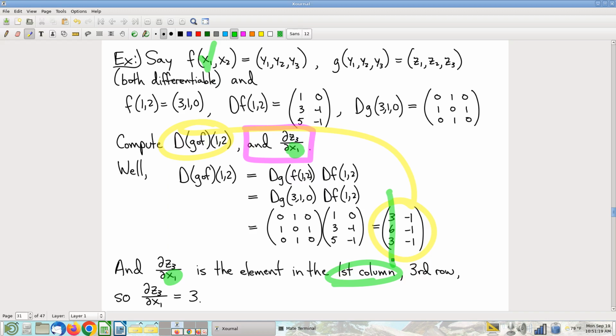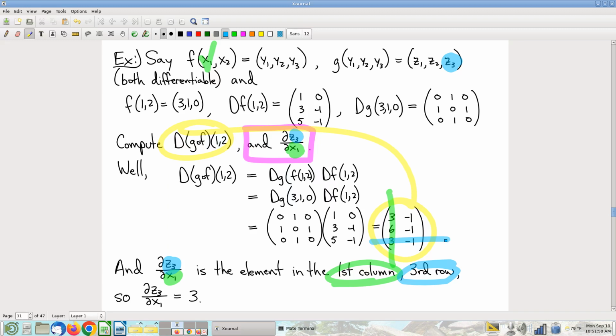Remember, there's a very particular finicky structure of how derivative matrices are written down, and input variables correspond to columns. We're taking the derivative of Z3, which is the third output variable, so we're interested in the third row.